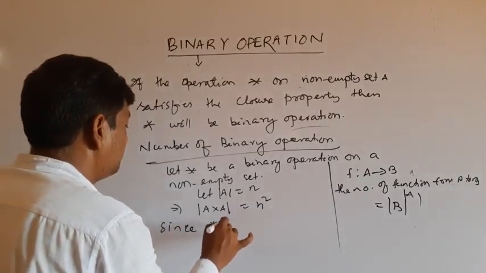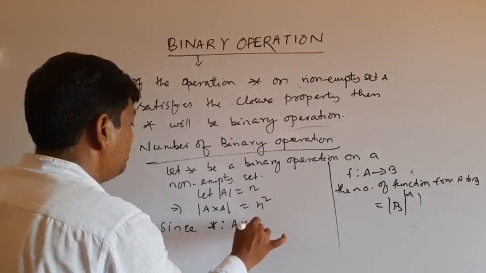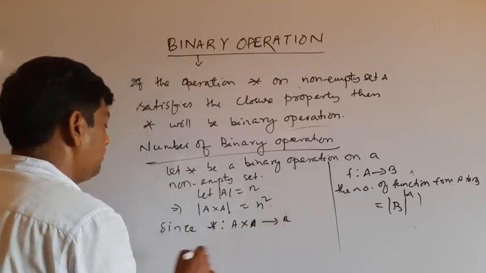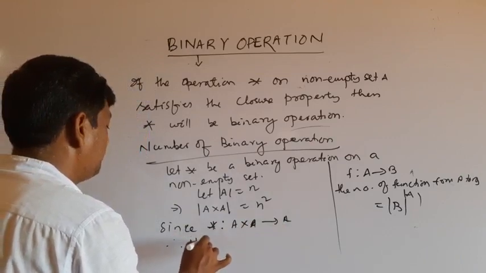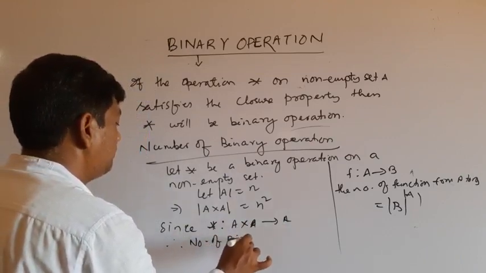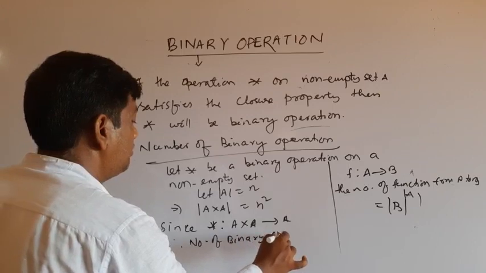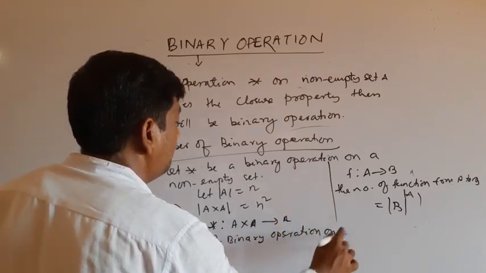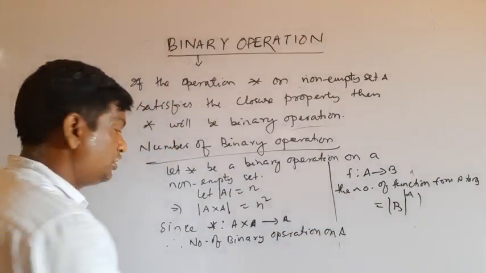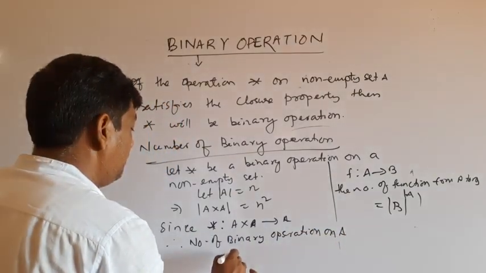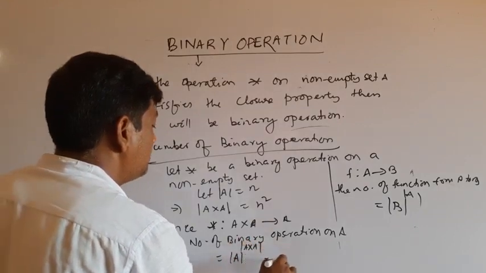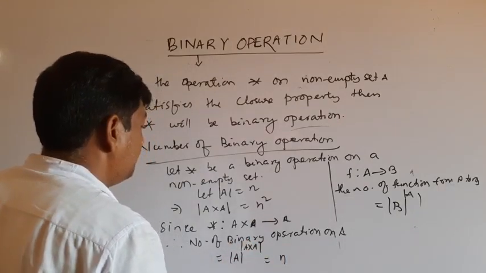Since star is a function from A cross A to A, the number of binary operations on A is equal to the cardinality of A to the power of the cardinality of A cross A, that is n to the power n square.